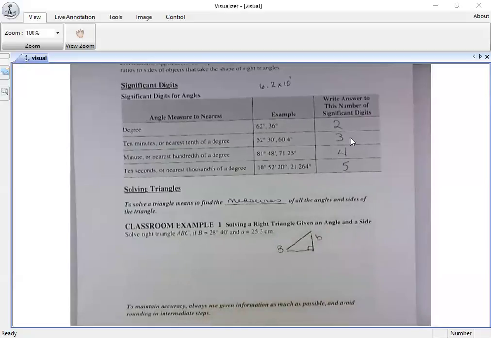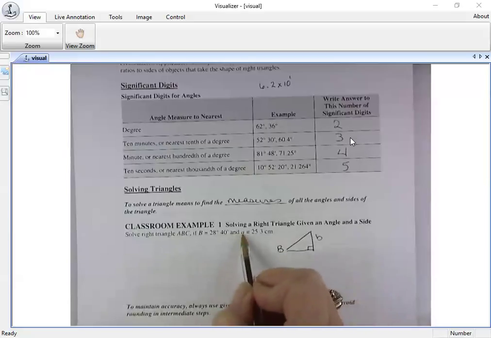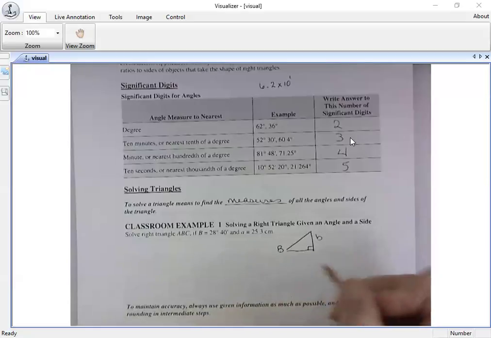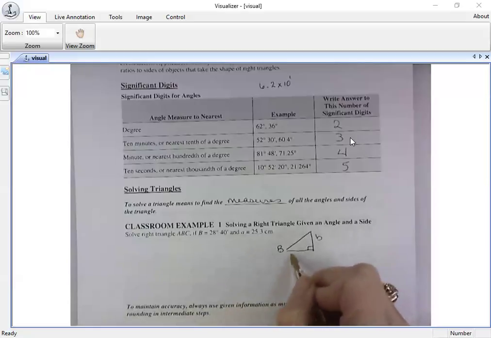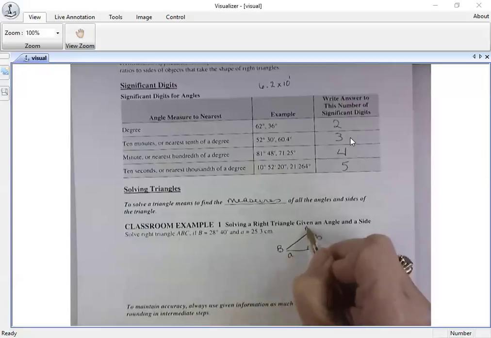Okay, so here's what I believe I would know if this is angle B and they gave me the side length of a, okay, then I am going to put side a right here and angle A right here.